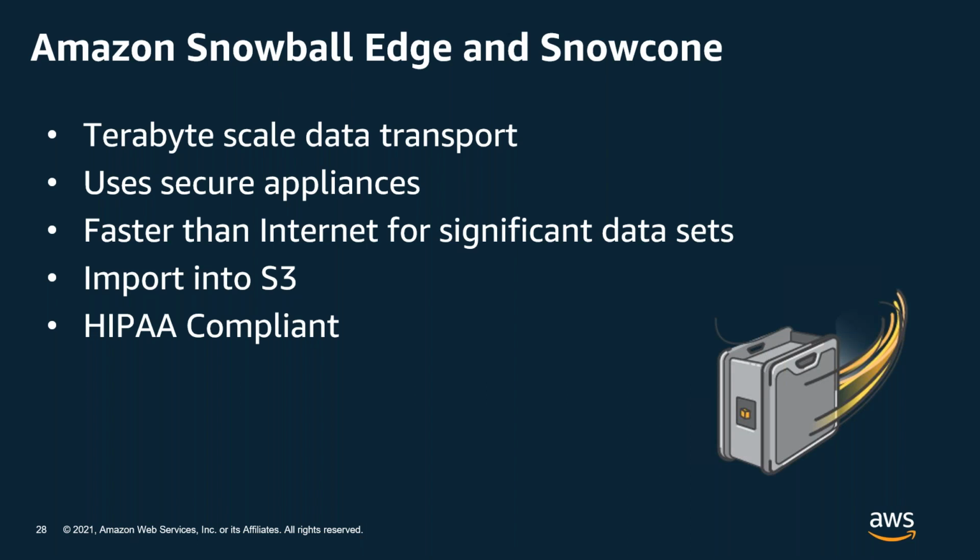It's great if you want to migrate large amounts of data at terabyte or even petabyte scales and you just don't have the WAN bandwidth to do so, right? A lot of customers we see want to make use of S3 and migrate data in, but they've got terabytes of data and a small 25, 50, or 100 meg link that's pretty utilized, and it's going to take them weeks to do it all. Snowball Edge makes it a lot simpler.